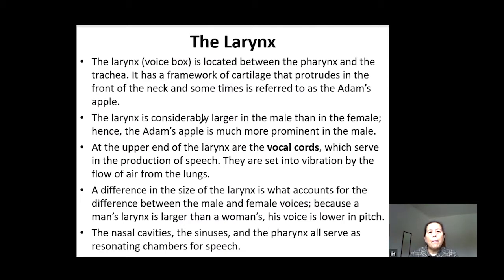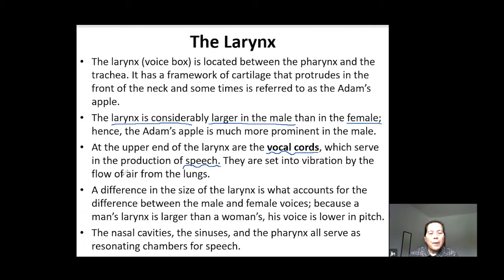We say the cartilage there is bigger in the male and a little bit smaller for the female. Inside of the larynx, or the voice box, we have vocal cords. The function of it is to make sounds, make the voice.